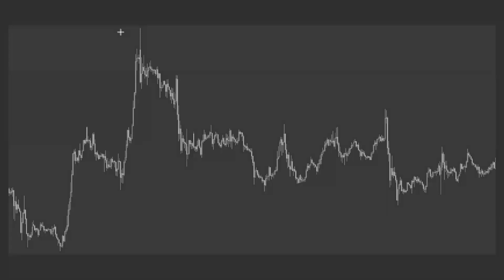So here's a really nice illustration of that on, I think this is gold. I didn't take this one, but this is exactly the kind of area I'd be watching for failure. So you've got a very clear level here.